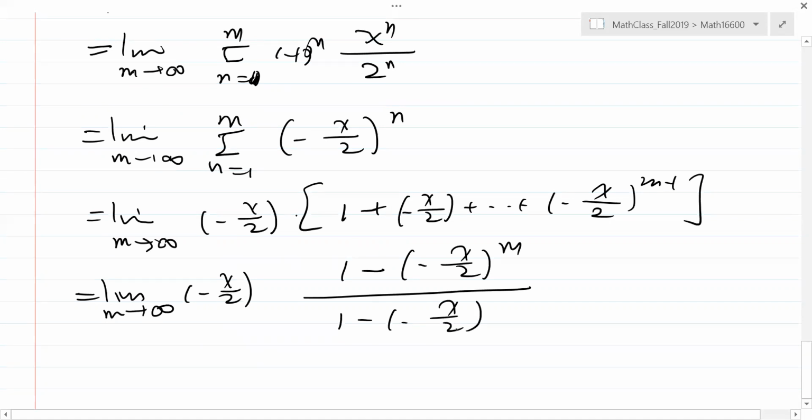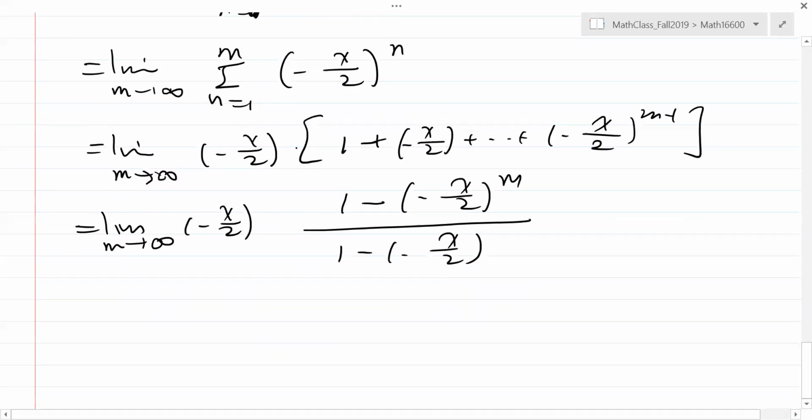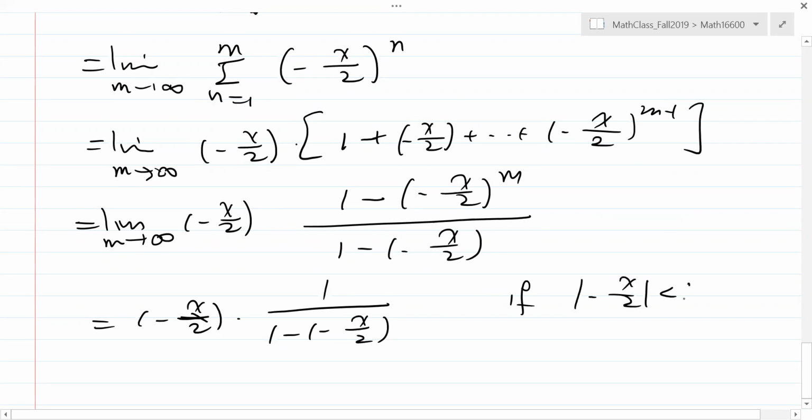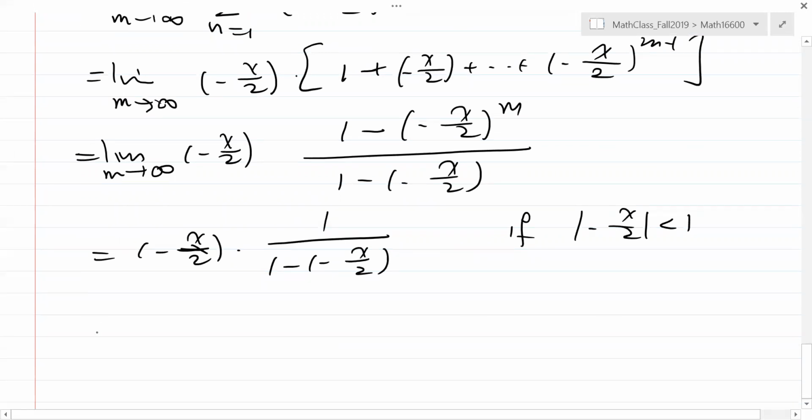So the question is when this one has a limit. Only when the absolute value of negative x over 2 is less than 1, then this has a finite limit. After you simplify it, it's going to be negative x over 2 over 1 plus x over 2.